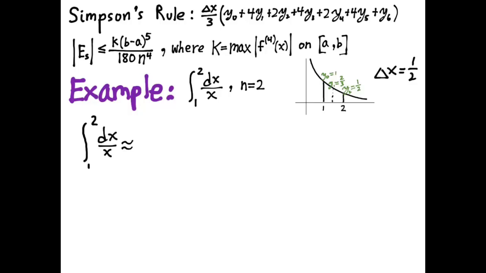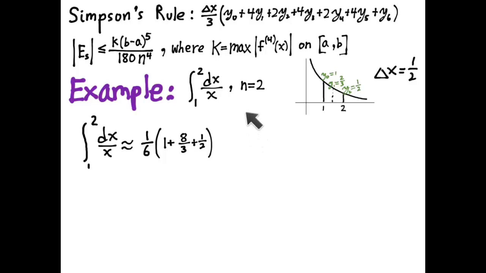So the integral is approximately equal to delta x over 3, which is 1/6, times y0 plus 4y1 plus y2. So the pattern was 1, 4, 1.